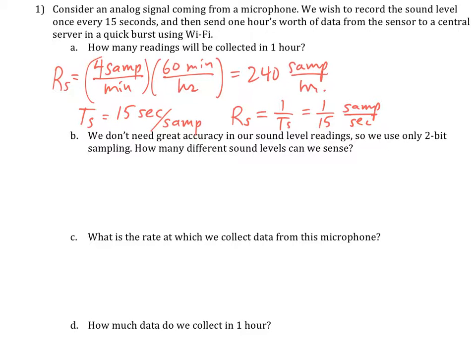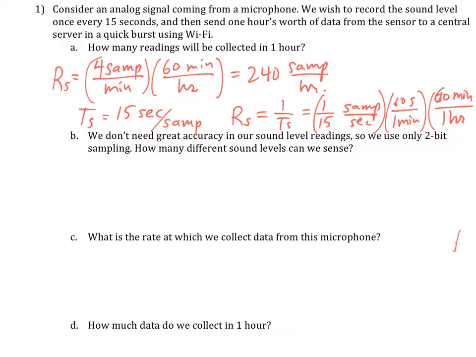How do I get the 240 from that? Well, what I'm going to do is convert seconds into hours by saying 60 seconds is 1 minute, and 60 minutes is 1 hour. And you can see here that our 4 times 60 comes out again, because 60 divided by 15 is 4.